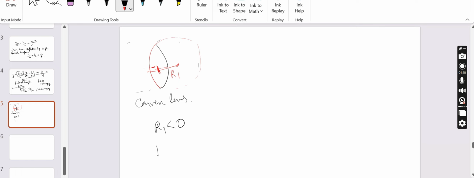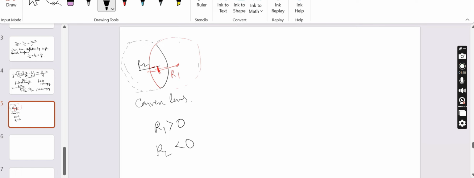So from the lens middle point R1 is at the right, so R1 is greater than 0, and R2 is at the left, so R2 is less than 0.